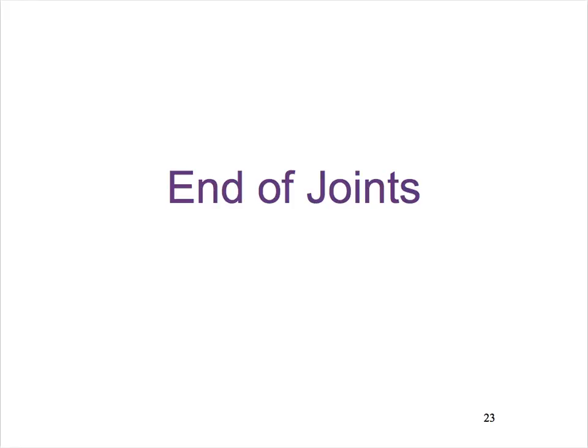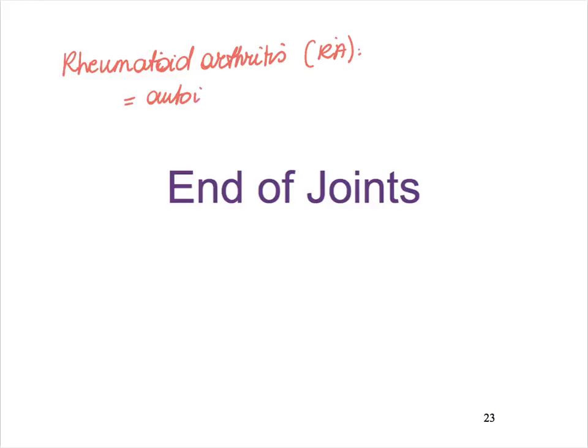Now, as mentioned in the previous slide, there are many kinds of arthritis, and the two other kinds that I'd like for you to be aware of are rheumatoid arthritis, hard to spell while you're talking, also abbreviated as RA. This, unfortunately, is an autoimmune disease, and therefore it's difficult to treat.